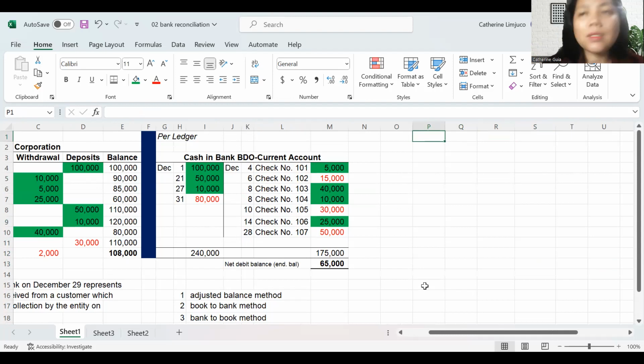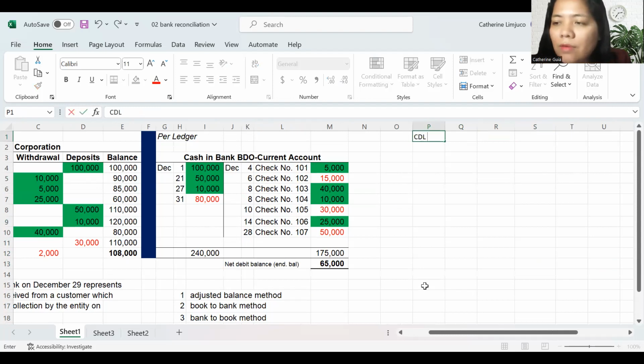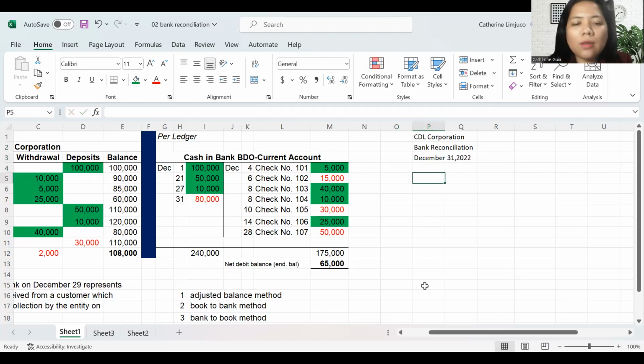So since this is CDL Corporation, we will type here the name of the entity or the company and the name of the statement being prepared. This is bank reconciliation and the period. So since December, it's December 31, 2022. Okay, so we start with book balance.